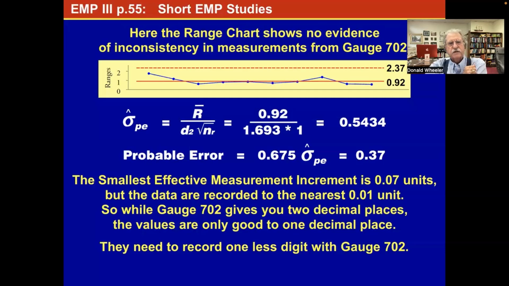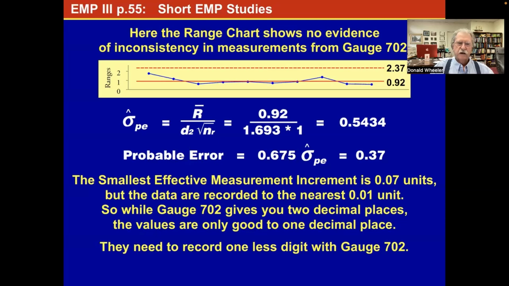D2 is 1.693 because our subgroup size is 3. And the number of replicated readings used in practice is 1. So sigma PE hat's 0.5434. That means our probable error, 0.675 times sigma PE hat, is 0.37.